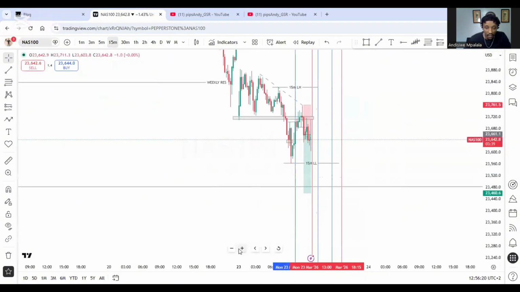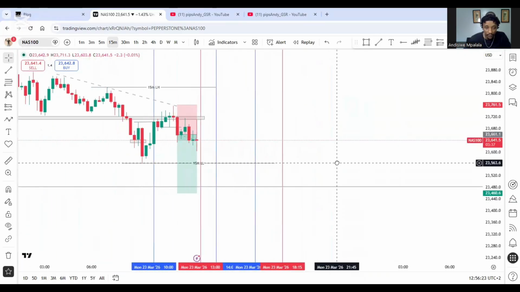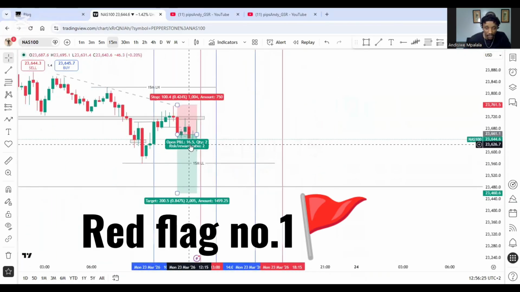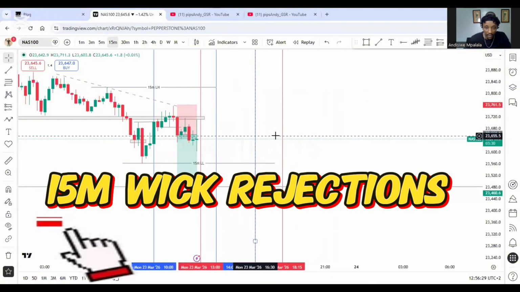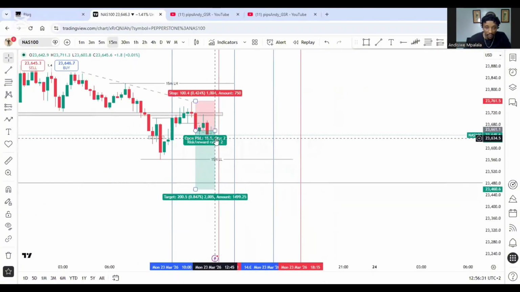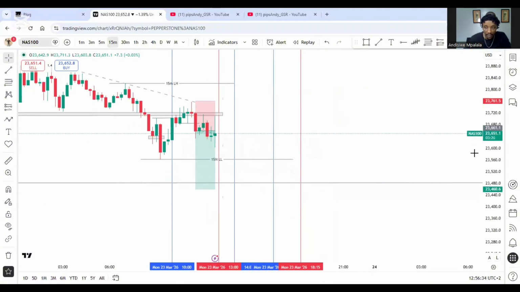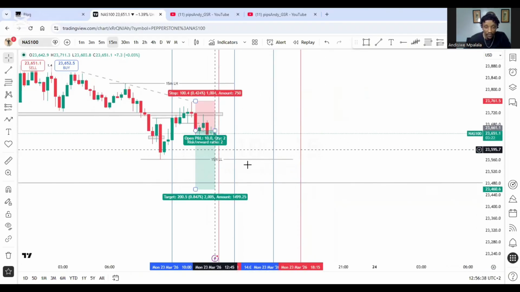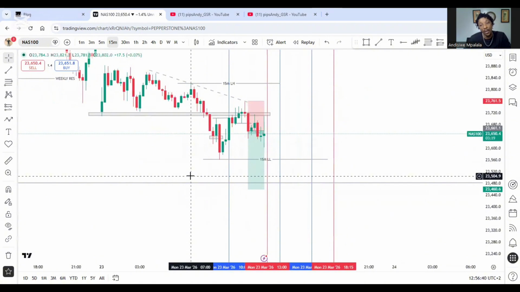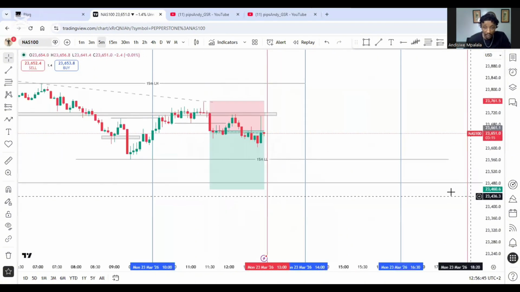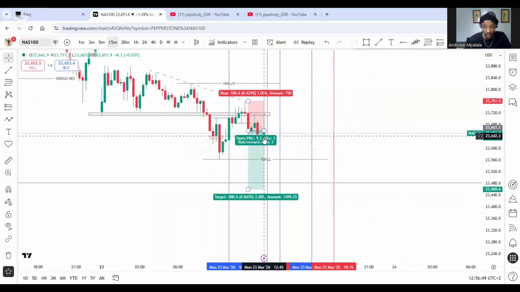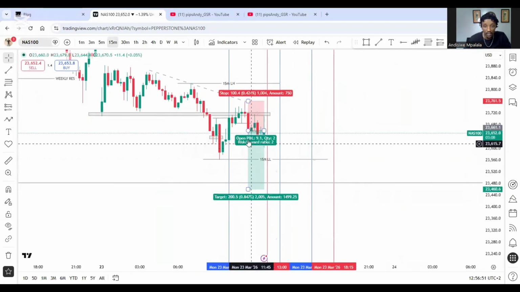The only concern I've got at the moment is the wick rejections being formed with this 15-minute candle right here. If this candle closes bearish in the next 3 minutes and 26 seconds, that would be a very good sign for me. I would relax more. But at the moment it doesn't look like it's going to close bearish, but we'll see.